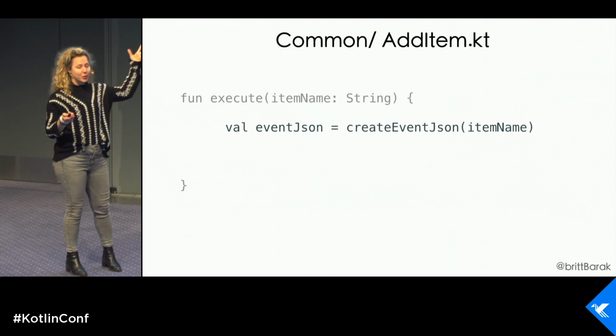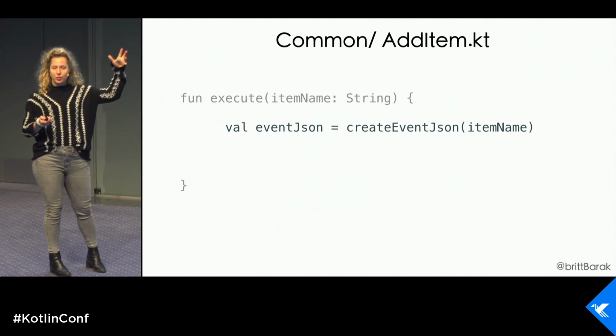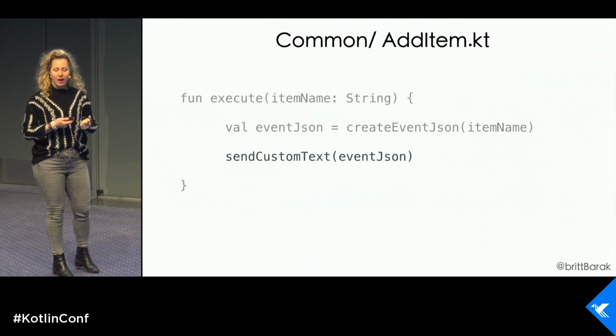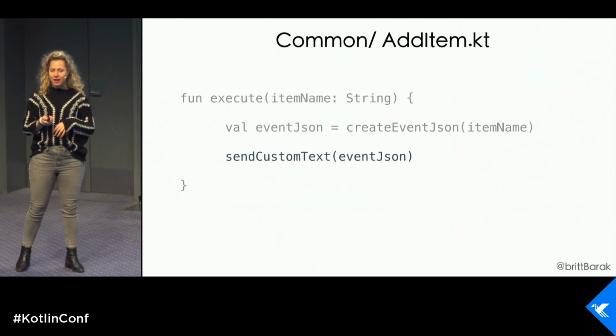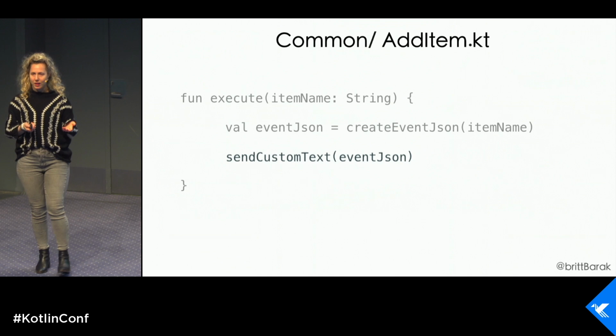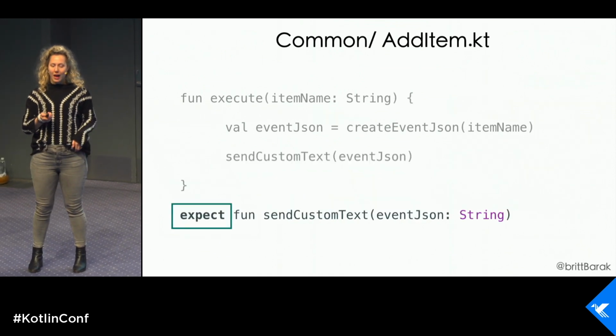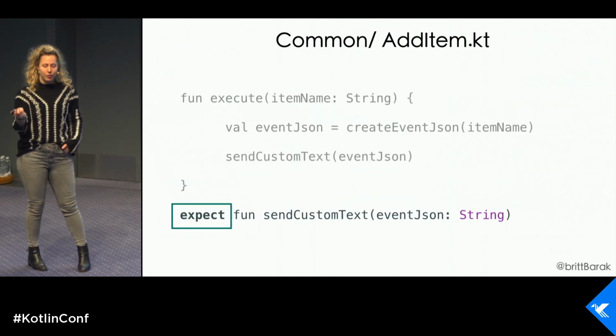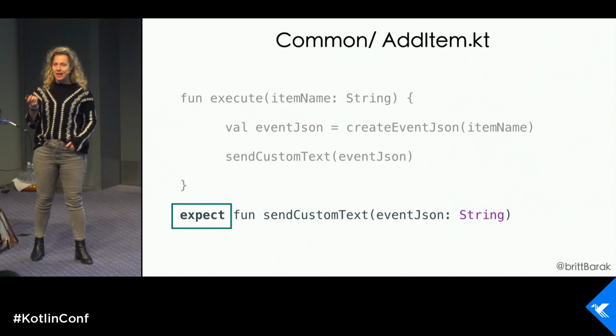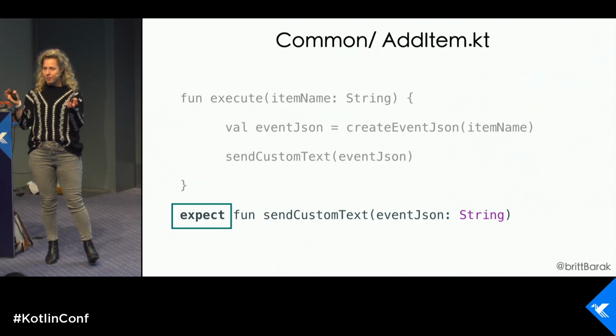And the way it would happen, it would just create a new JSON, so we'll create the new event, and then send the custom text in this case, or like to add a new item for a text message, for example.